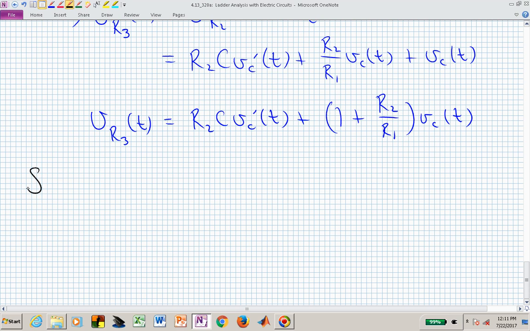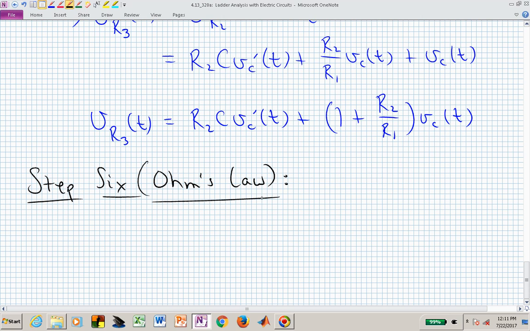We're up to step 6. And step 6 is going to just be a straightforward application of Ohm's law to obtain the current through resistor R sub 3, I sub R sub 3 of t, and you can see that you feel comfortable or confident in the equations that are resulting from this ladder analysis.